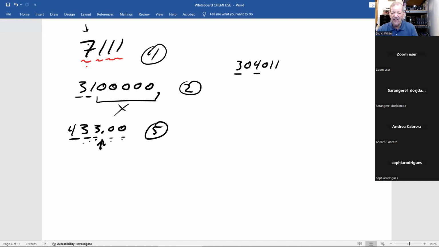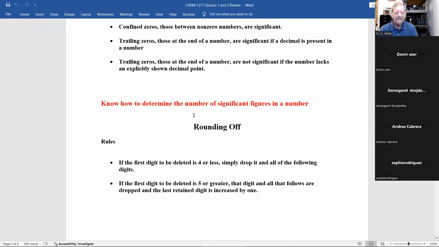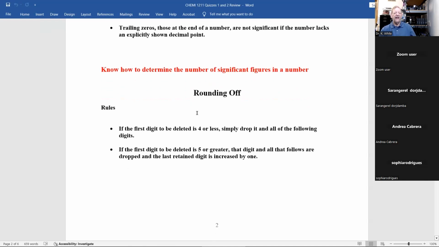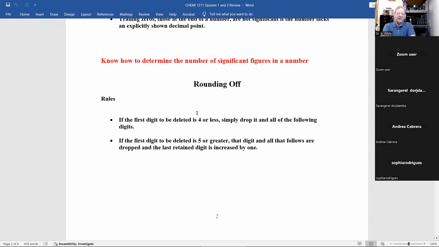Zeros that are confined between two non-zero numbers are significant. So it says 1, 2, 3, 4, 5, 6 significant figures. And you should know how to determine the number of significant figures in a number.